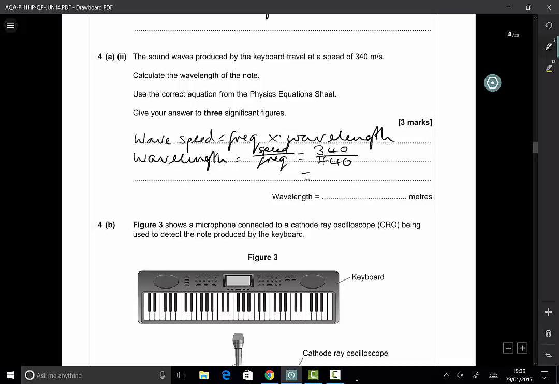If I put that into my calculator, 340 divided by 440 gives me 0.77272272 and so on. Okay, we need this to 3 significant figures. So we're looking at 1, 2, 3. Our next figure beyond that rounds up. So we're going to get 0.773. If you don't round that up right, you can only get 2 out of the 3 marks.